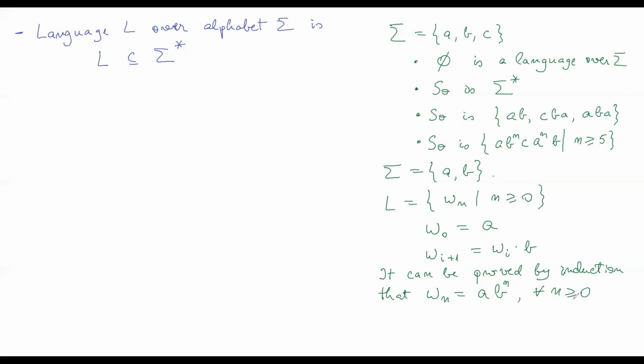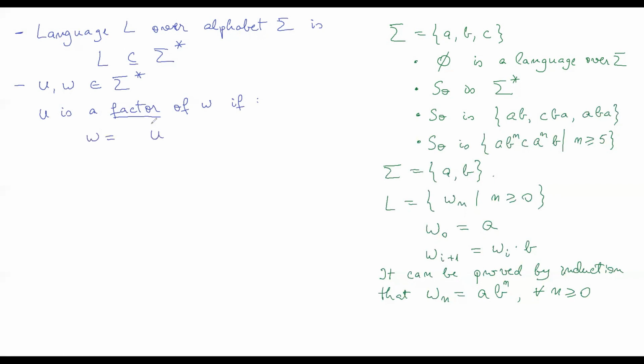And finally, the last concept I have in this lecture is that of a factor, and as a special case, the notion of prefix and suffix. So I will say that if we have two words over sigma, so u and w are from sigma star, I'm going to say that u is a factor of w if simply u is somewhere inside w.